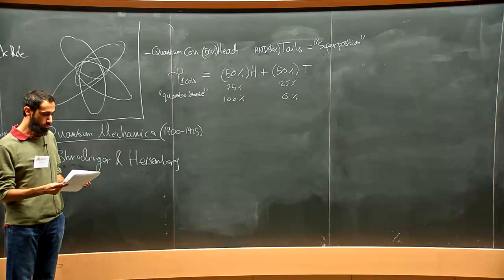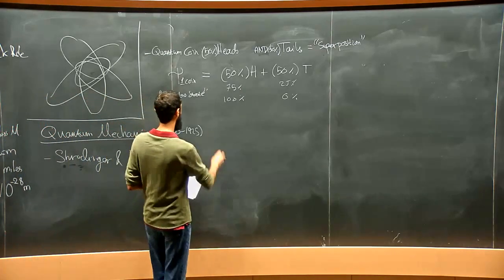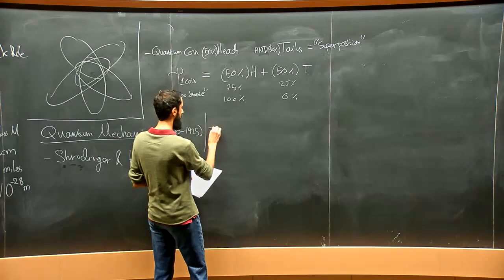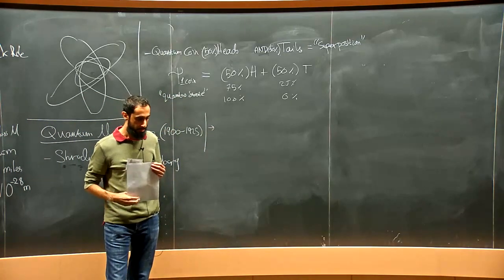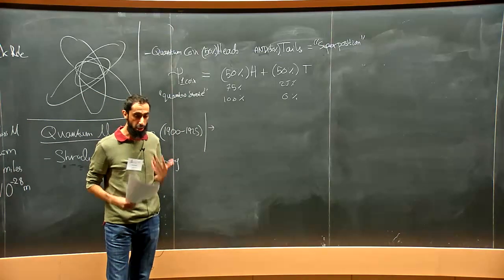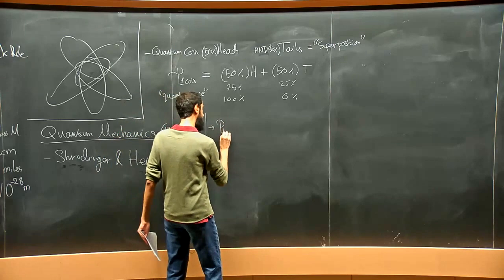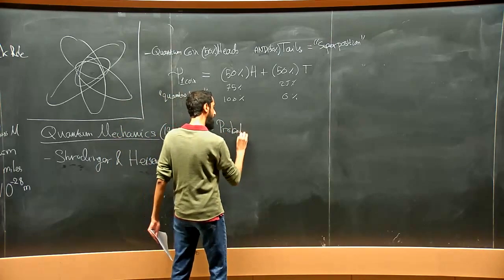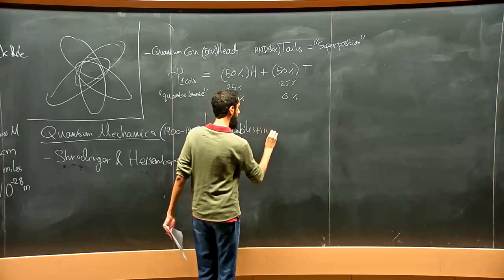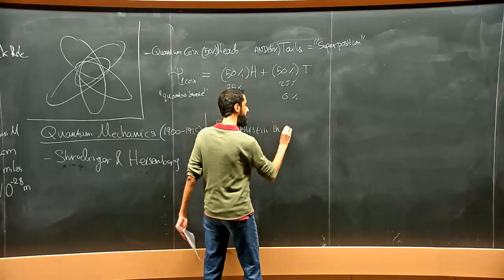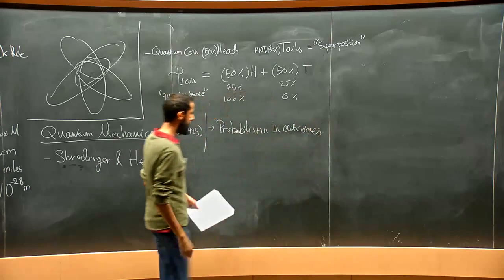And so what quantum mechanics tells you is that, in reality, the results of measurements are probabilistic. So this theory, let me just write it down, is probabilistic in measurement outcomes.